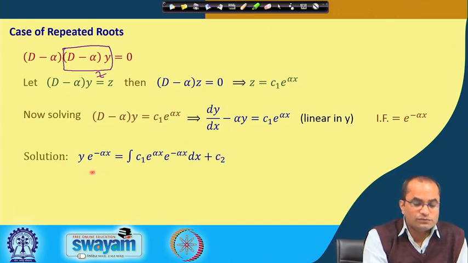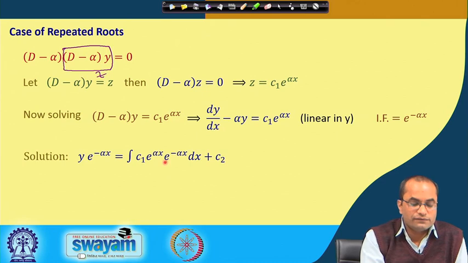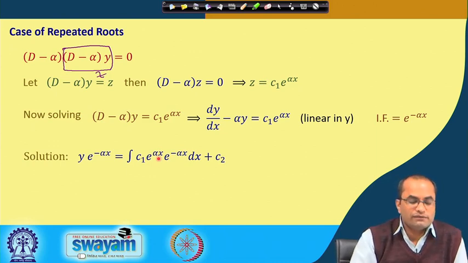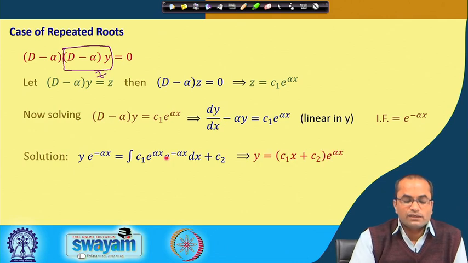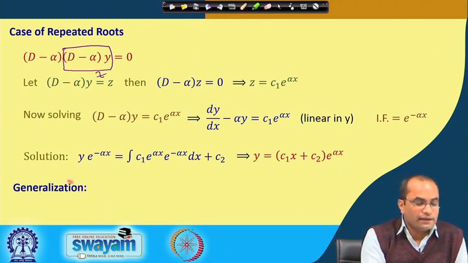So, e power alpha x will cancel out with e power minus alpha x, and we have c 1, and when we integrate we will get x there. So, y is equal to c 1 x plus c 2 times e power alpha x.